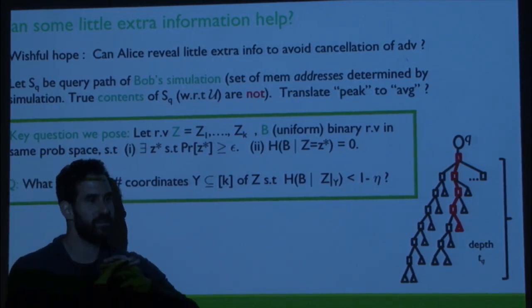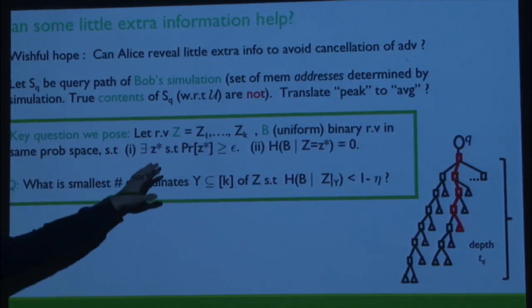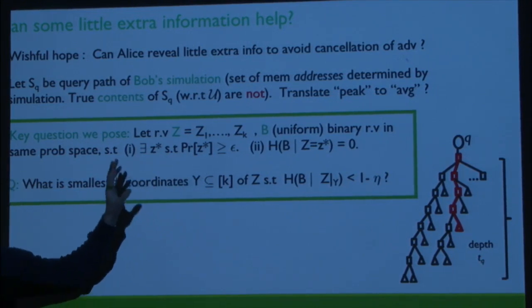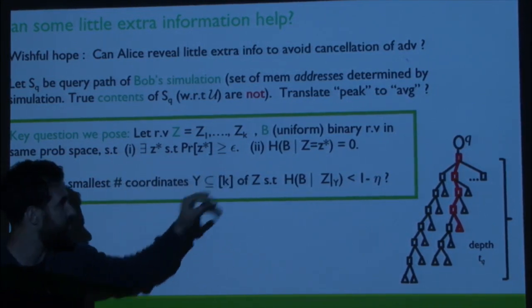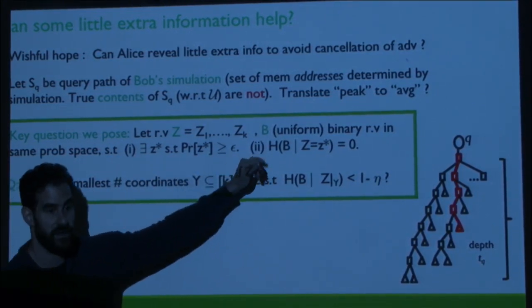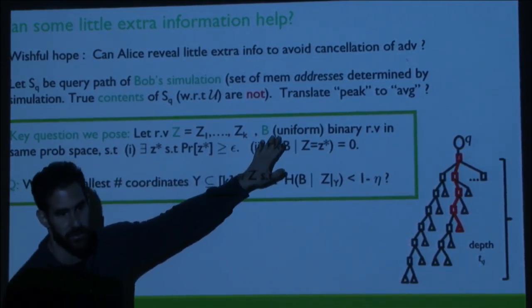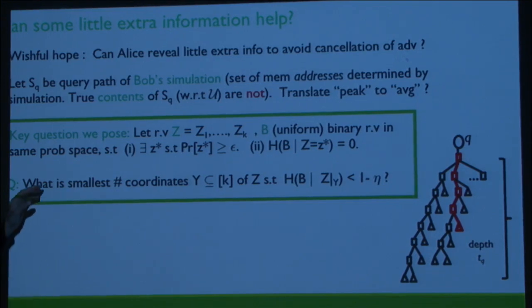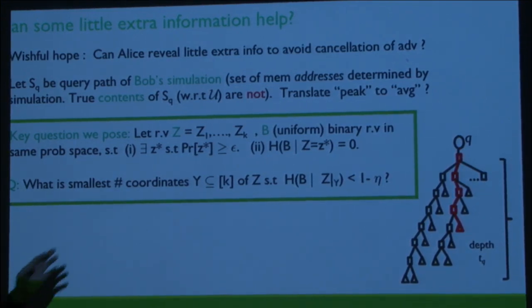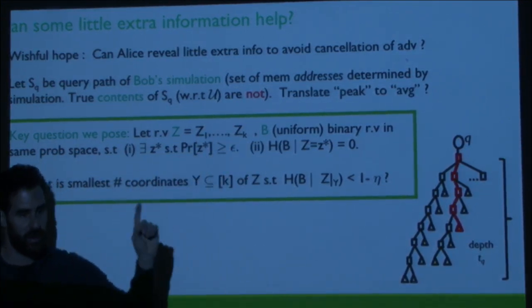But forget this. Let me state a clean information theoretic problem. You have a jointly distributed pair of random variables: one is a k-variate vector Z, jointly distributed with some random bit B, which is marginally random, marginally bias half. And I tell you nothing about the correlation between these two, except one fact.